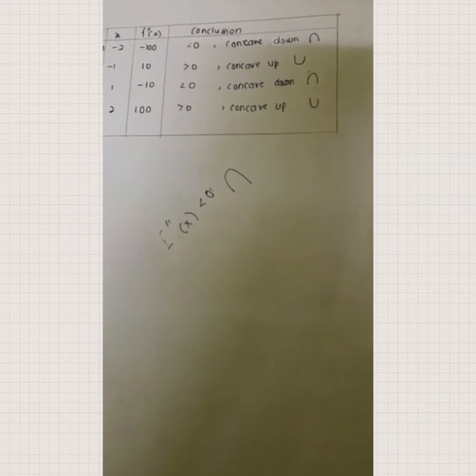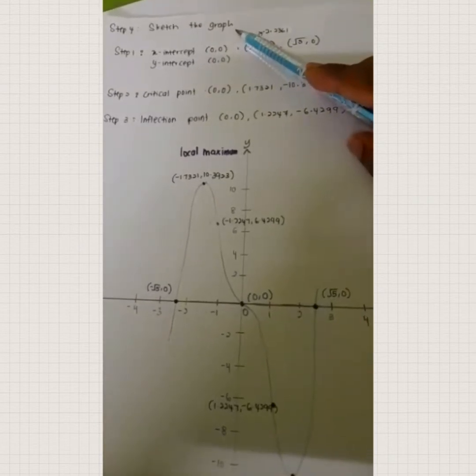When the value is positive, more than 0, it is concave up. Negative 10 is less than 0, so it is concave down again. Negative means concave down, positive means concave up. 100 is more than 0, so we get concave up. This is our conclusion. Then we can move to step 4, which is to sketch the graph.